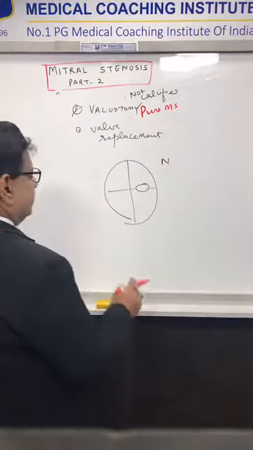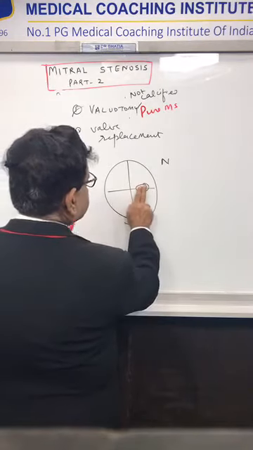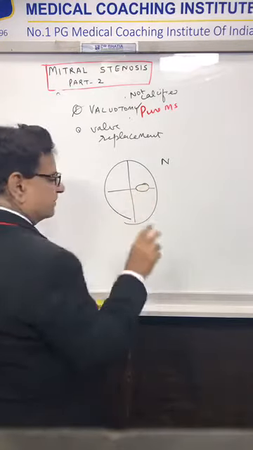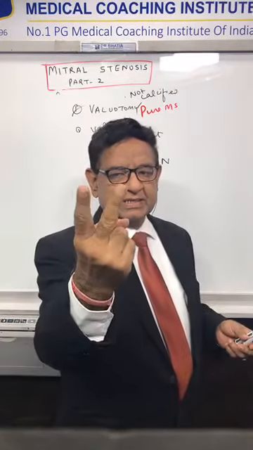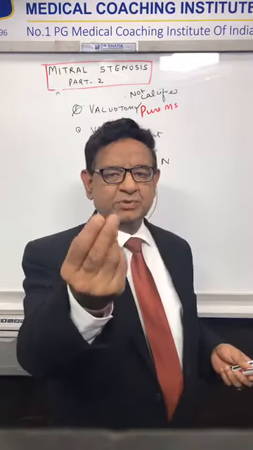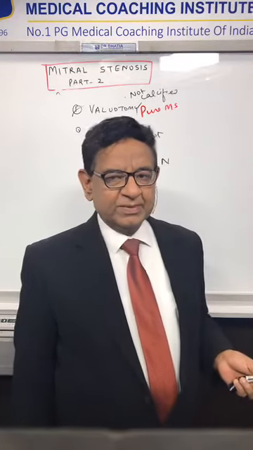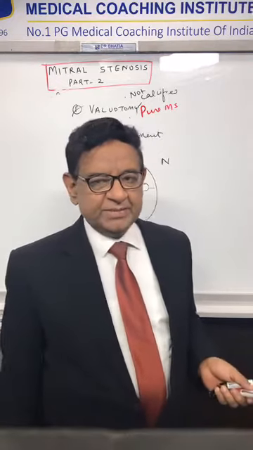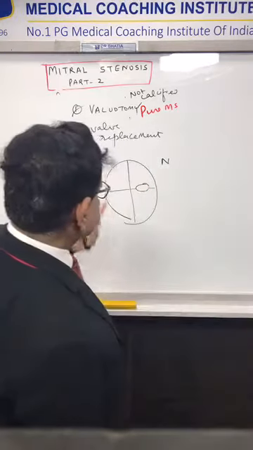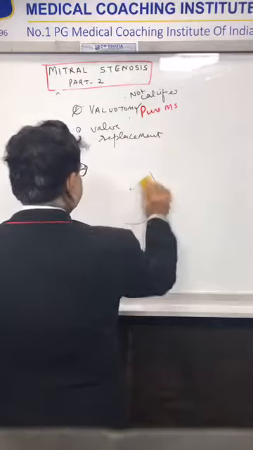Now in valvotomy, they simply put in a forceps and expand the forceps. Now all the fibers are broken down. They're simply dilating the valve. It is just like in a urethral stricture where they pass a bougie and dilate it. Same thing, they try to dilate the valve, but provided, again repeating a second time, it should not be calcified and there should not be any mitral regurgitation. Then valvotomy is done.